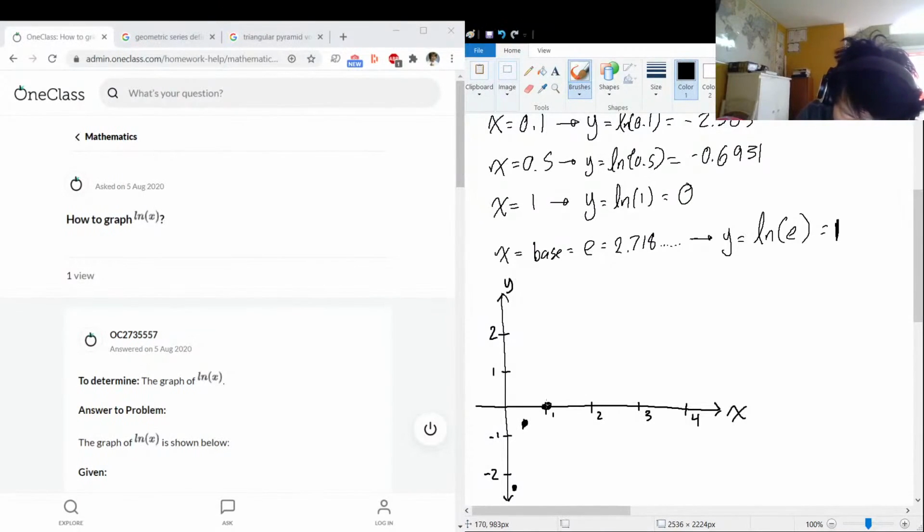And we know that (1, 0) is always going to be a nice point. And now we have to look at our base. Our base is 2.718. That's Euler's number. So that's going to have a height of 1 just around here.